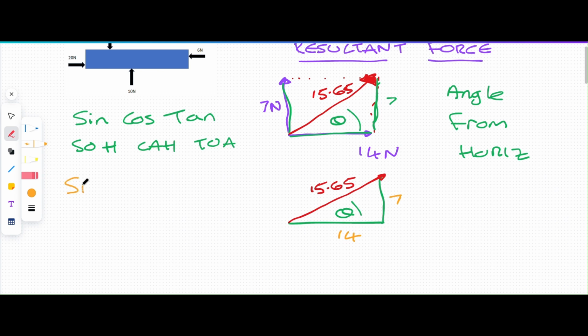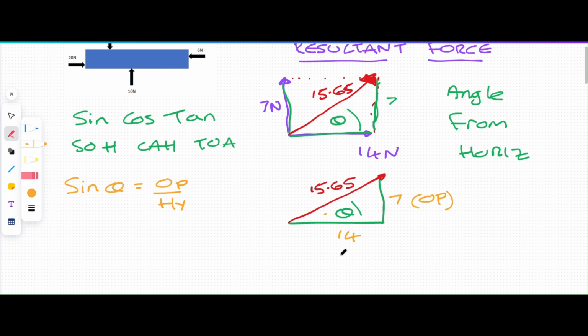I'm going to use sine of the angle equals opposite over hypotenuse. There's my angle. We're finding this angle here. So the 7 is opposite, because it's opposite the angle.